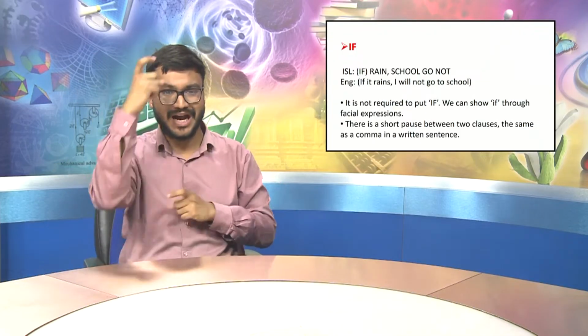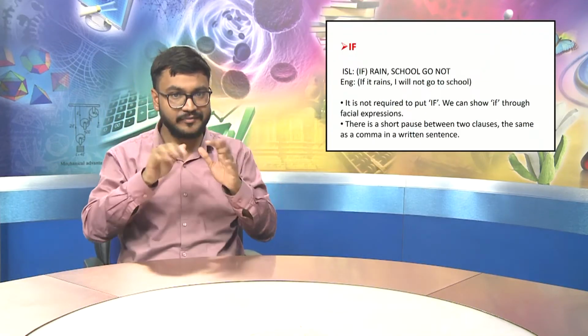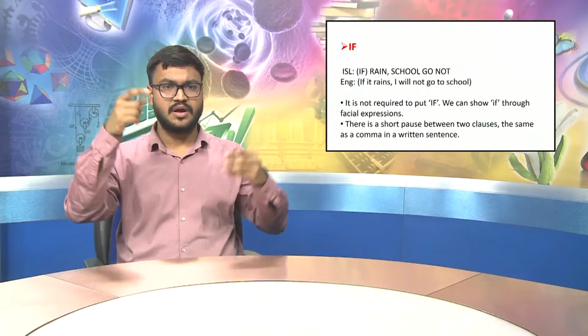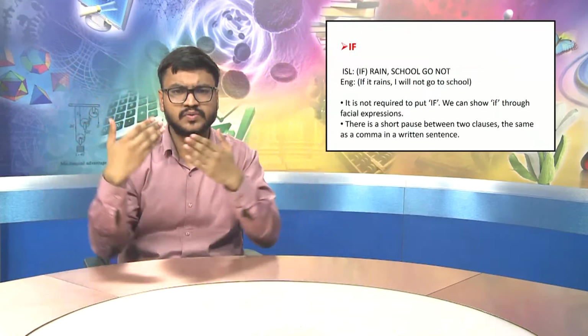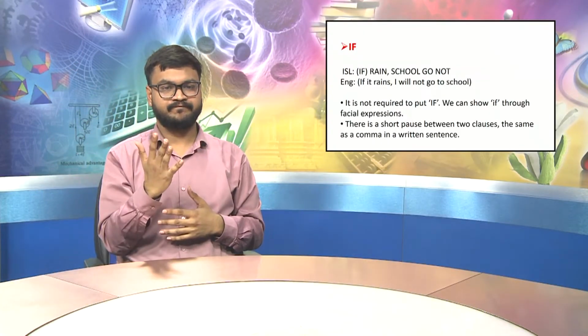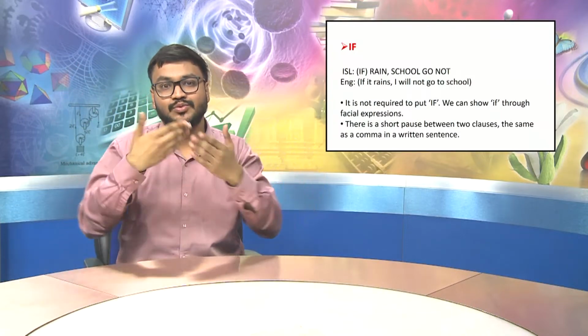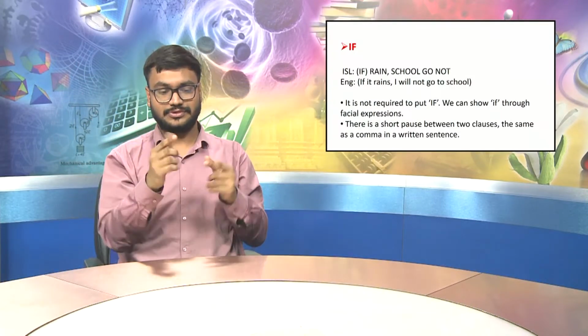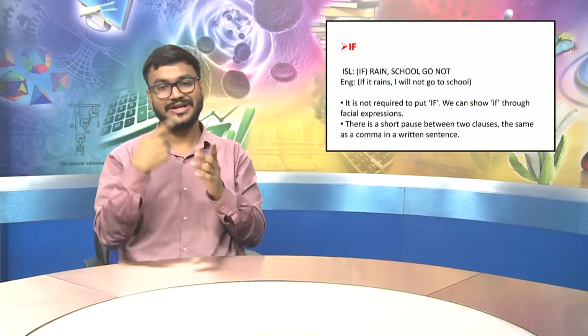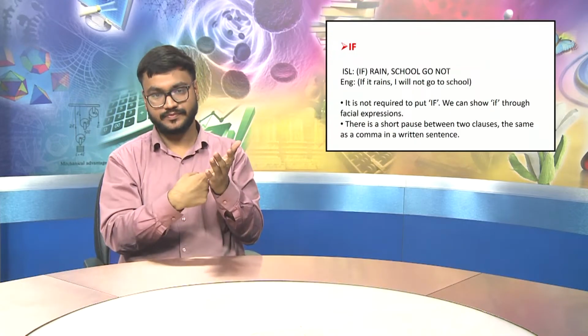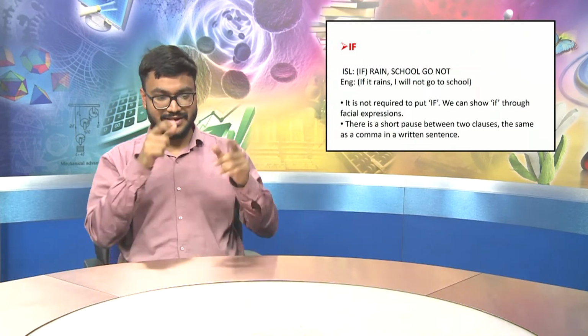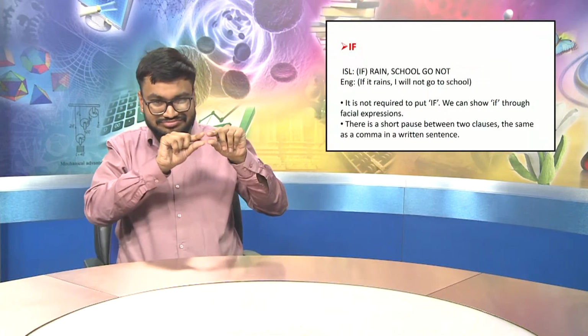It is not required to put if. We can show if through our facial expressions. There is a short pause between two clauses, the same as a comma in a written sentence.